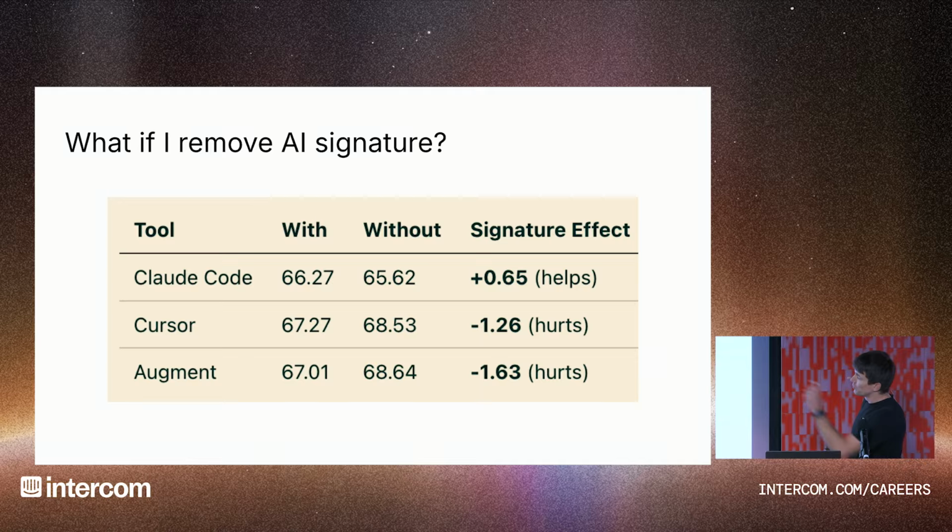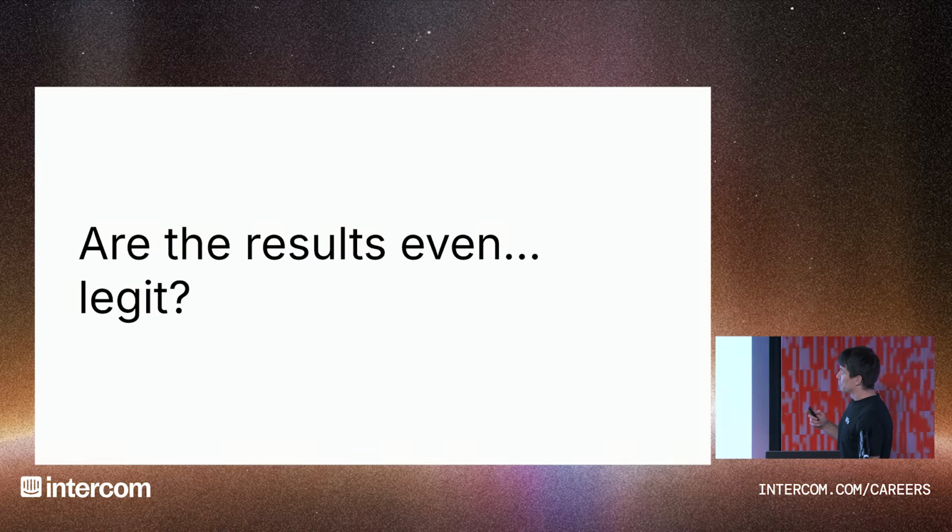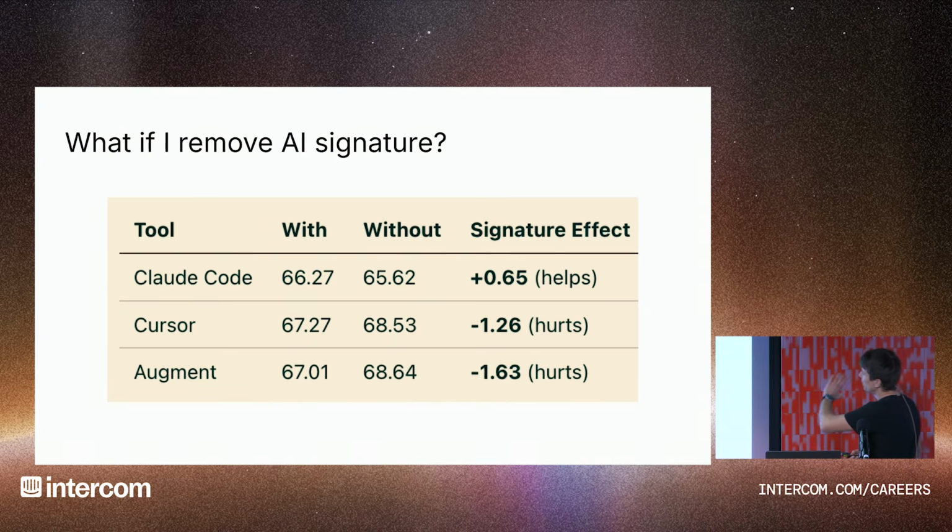But if you strip the signature for the other agents, the scores go up. So it turns out there is a little bit of a bias towards your own agent. Of course, the Opus model from Anthropic is biased towards Claude Code. But the impact of this wasn't significant. It was small enough not to think about it.